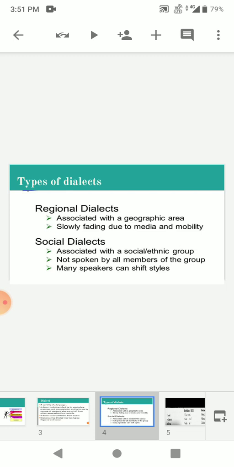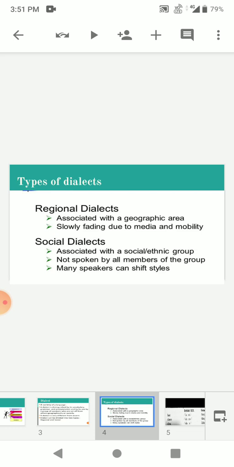There will be differences of pronunciation, grammar, vocabulary, lexical differences. These are called regional dialects, and they keep fading and changing due to technology, modernization, and media. The other type of dialect is social dialect.